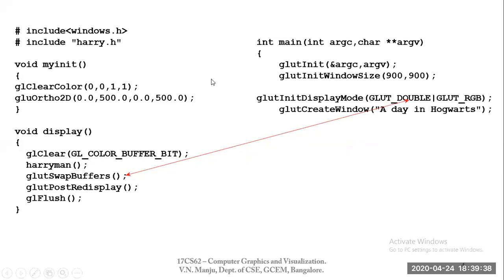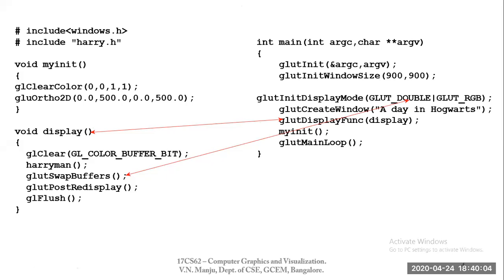The next one, glutCreateWindow. I've just given the name. The display function is a callback, used to register. To check all these things, you can refer to the other videos. So display function as callback. And now we can see my init function and glutMainLoop, and this is a simple program.